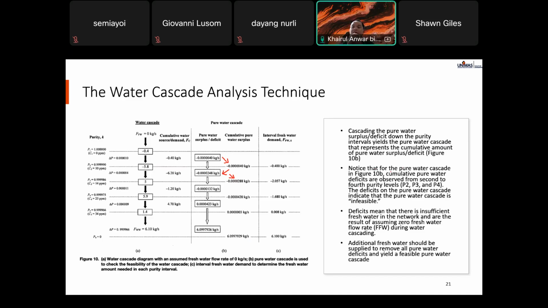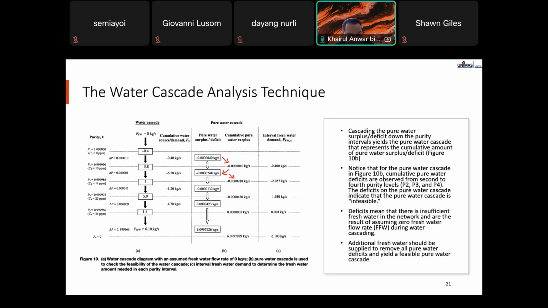Notice that for the pure water cascade in figure 10b, a cumulative pure water deficit is observed from the second to fourth level, P2, P3, and P4.